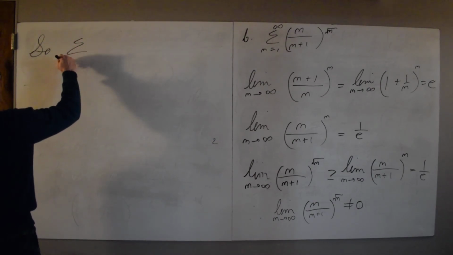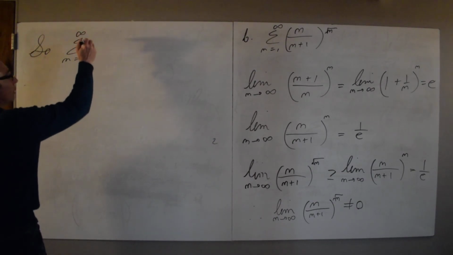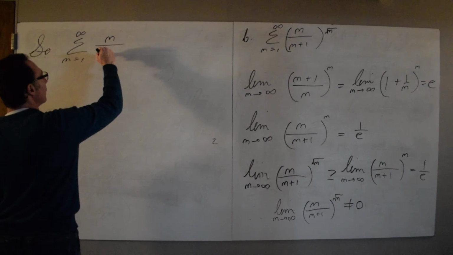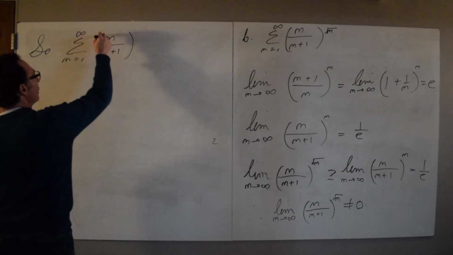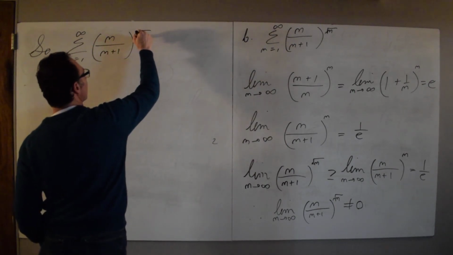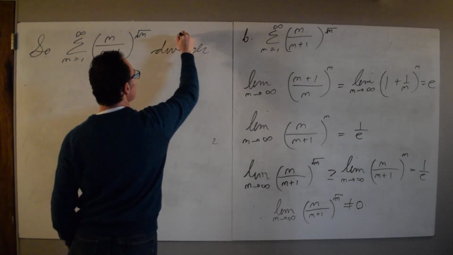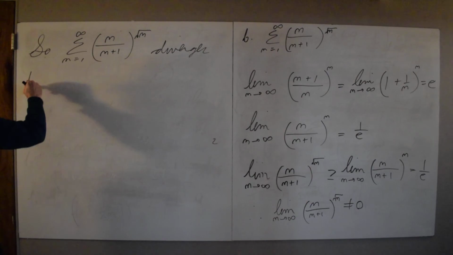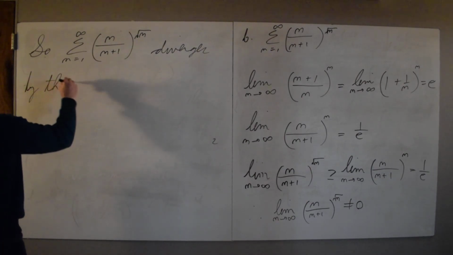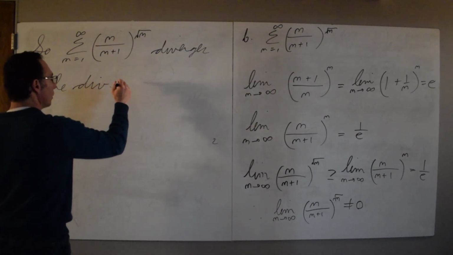So the series from n equals 1 to infinity of n divided by n plus 1 to the square root of n diverges by the divergence test.